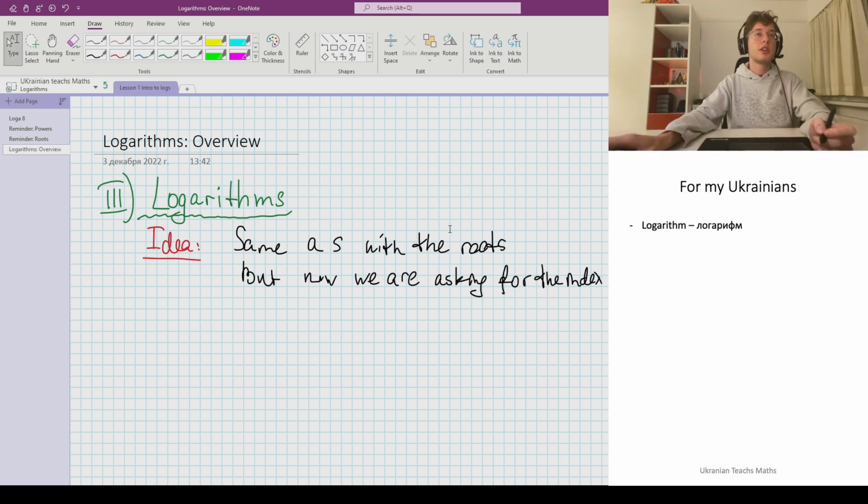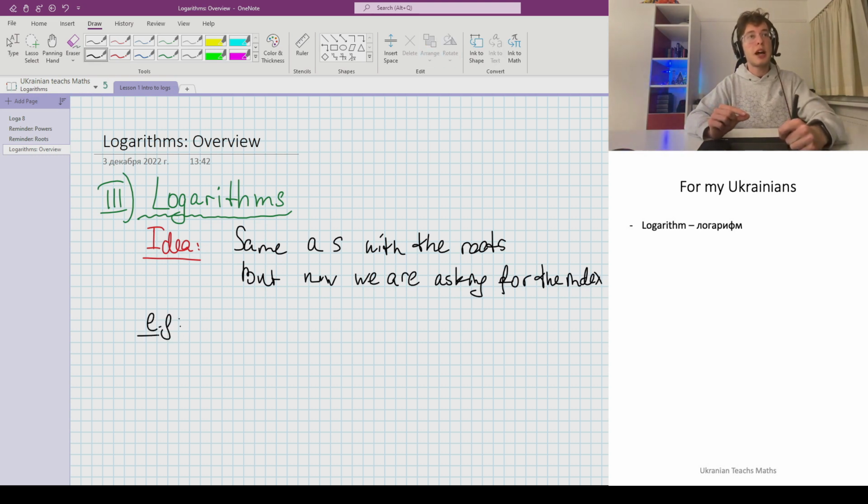So again, when we had our previous example, 4 raised to the power of 2, or 4 squared equals 16, before we were asking about the base number, and now I'm going to say that I have the base 4 and the result 16 given.